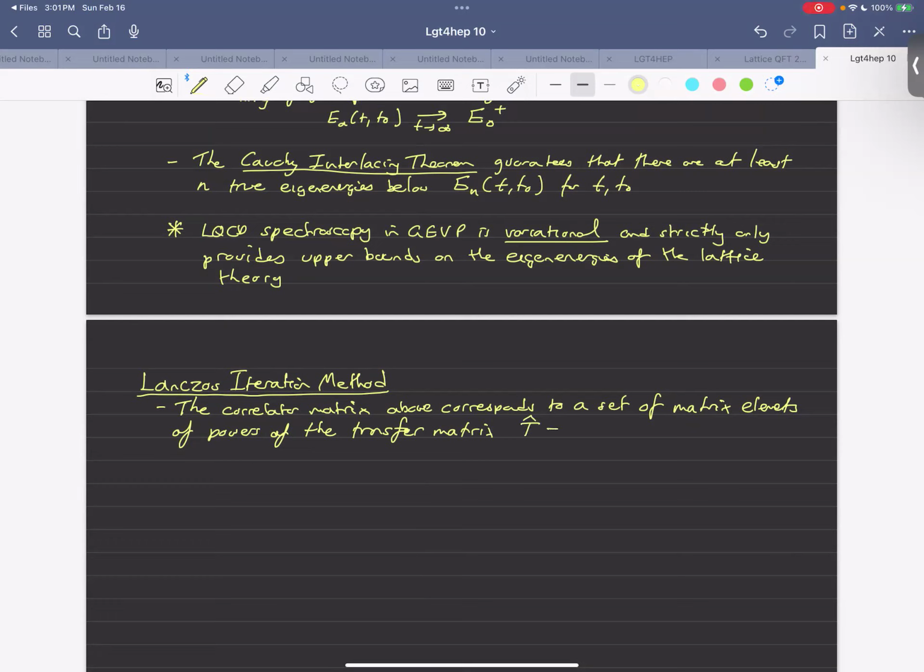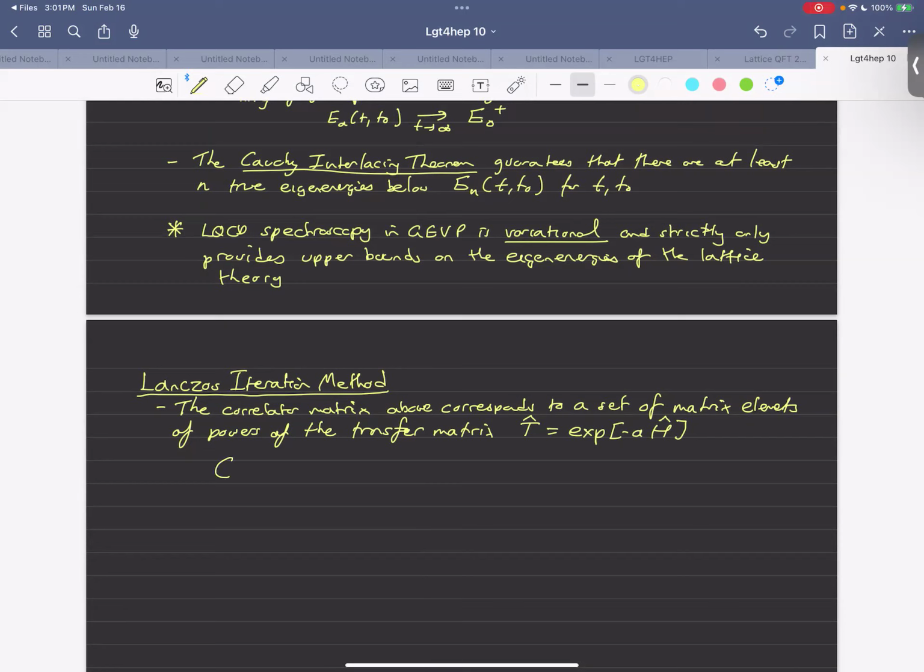And we call that T hat, which is exp of minus a H hat. This is the operator that translates us in time by one lattice site, so it goes from one time slice to the next in our lattice simulation.